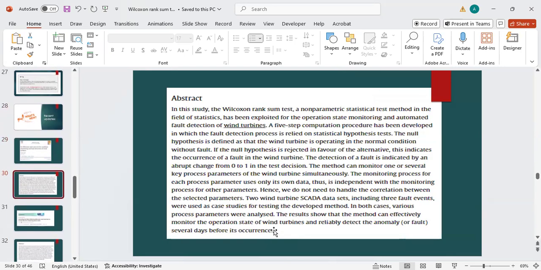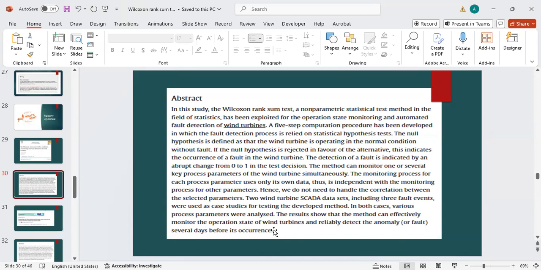In this study, the Wilcoxon rank sum test, a non-parametric statistical test method in the field of statistics, has been exploited for the operation state monitoring and automated fault detection of the wind turbine. A five-step computation procedure has been developed in which the fault detection process relies on statistical hypothesis tests.